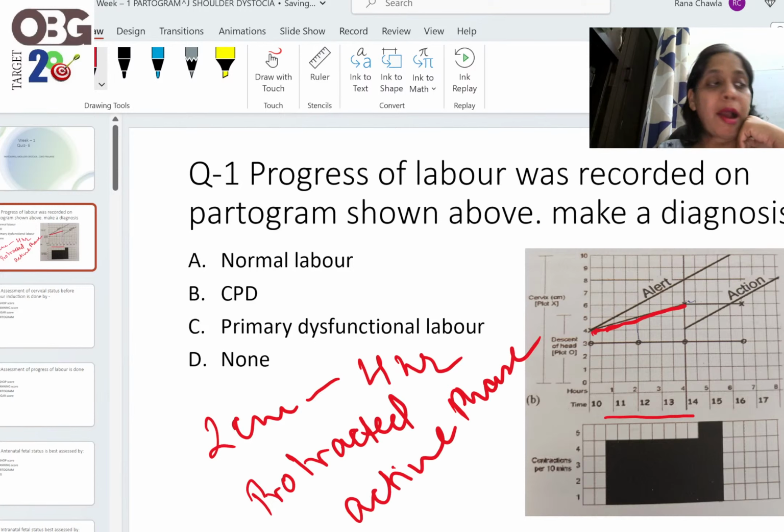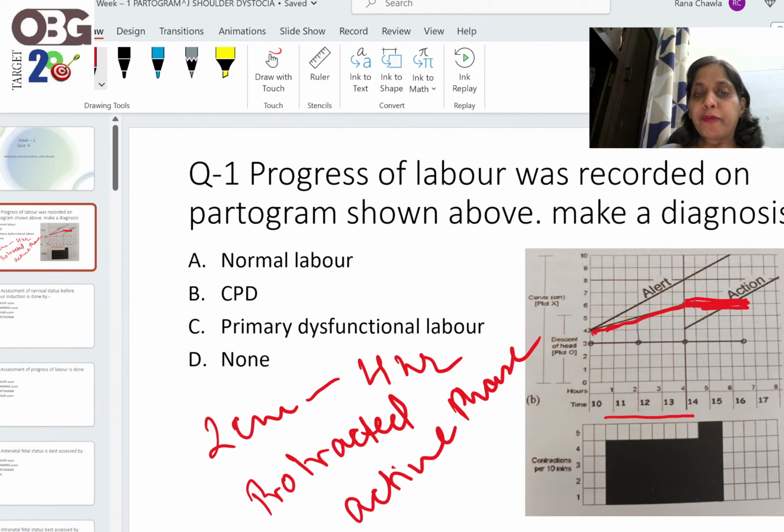Later, for 2.5 hours, there is no dilatation. So this is going toward arrest. After how much time will we say that arrest has occurred? We say it after 4 hours. If after 4 hours there is no dilatation, we say that it is arrest of the active phase.